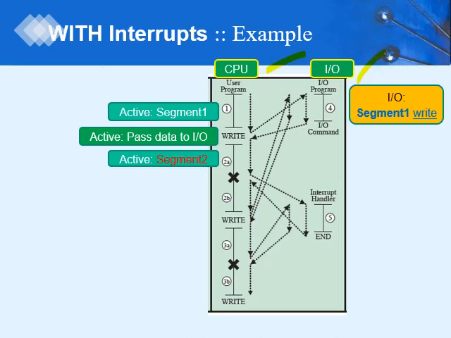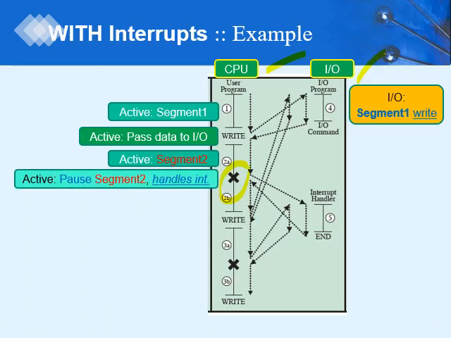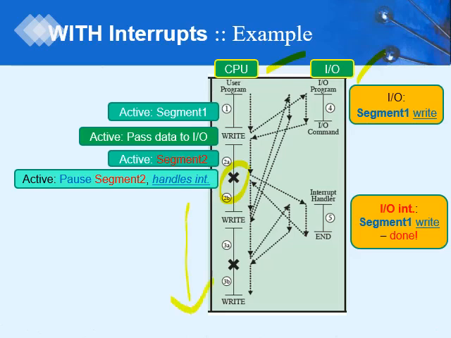In the middle of segment 2, an interrupt request comes in. So we pause segment 2 and send it to the interrupt handler to execute the interrupt. When the interrupt is done, it is sent back to the CPU, and the CPU will continue until the end.